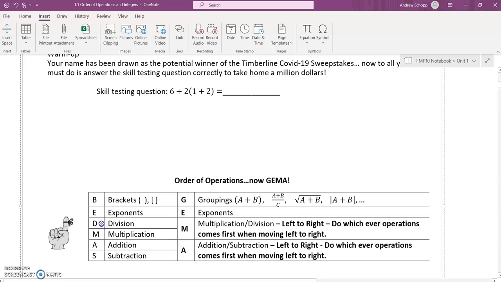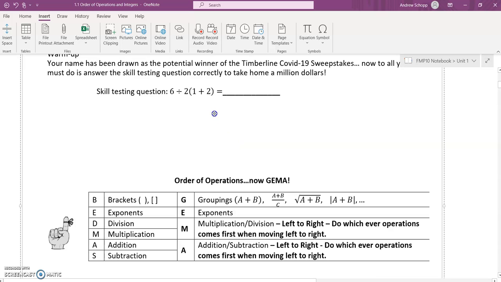BEDMAS sometimes leads people to believe that we first do division and then do multiplication, then we do addition and then we do subtraction. That's actually not true. Division and multiplication are very similar operations, and we need to do those operations left to right. Whichever operation we see first out of division and multiplication, going from left to right, we do first. Same thing with addition and subtraction. They're lumped together and we go left to right.